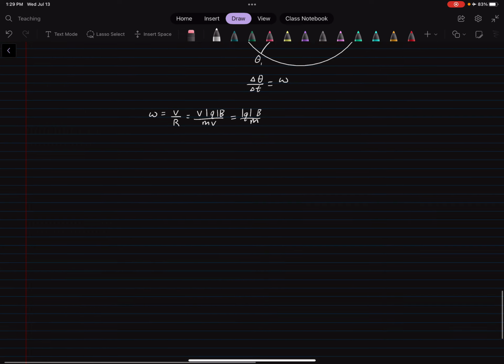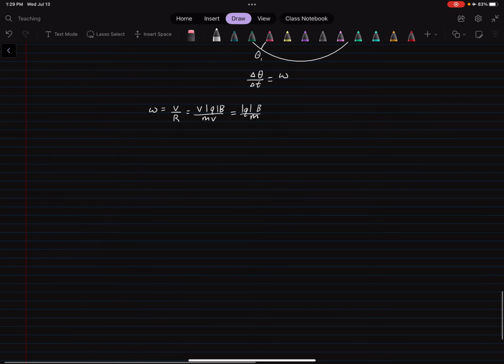And it turns out that the number of revolutions per time, which we denote by this frequency f, is omega over 2 pi. That's the number of revolutions per time. It's referred to as the cyclotron frequency in this case, if you have magnetic force causing uniform circular motion.